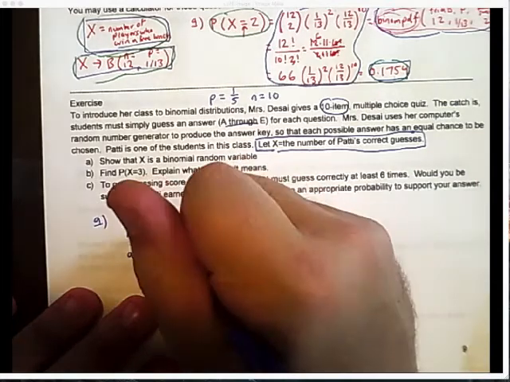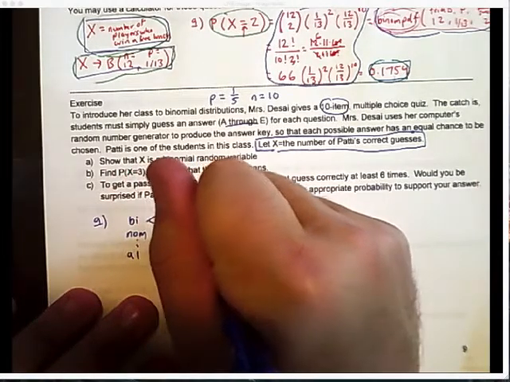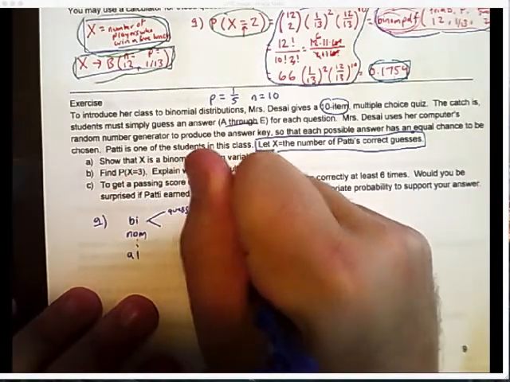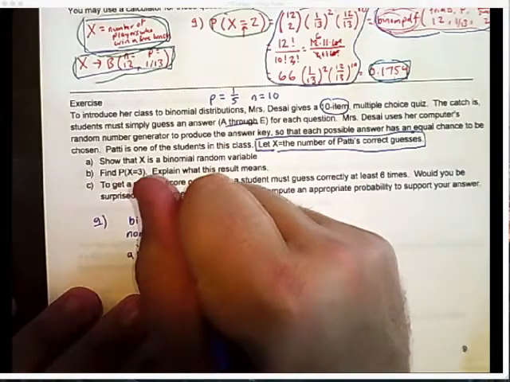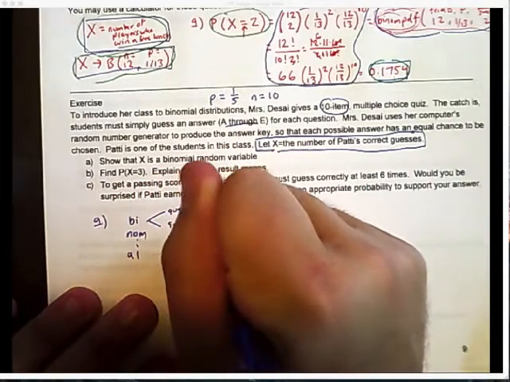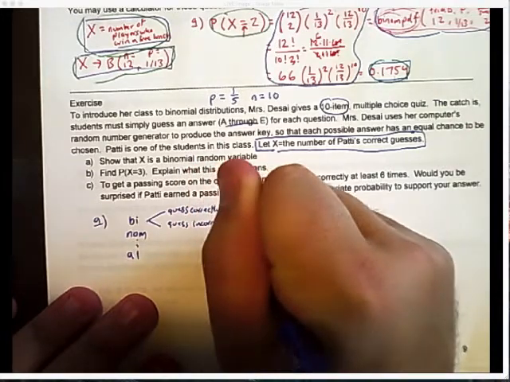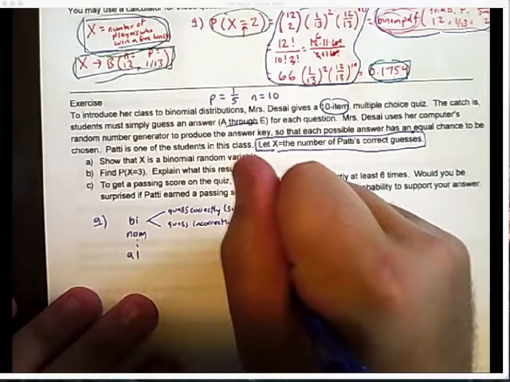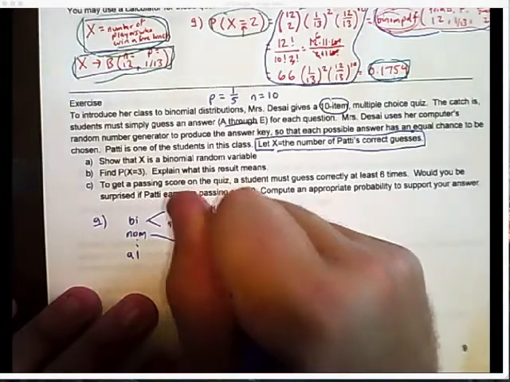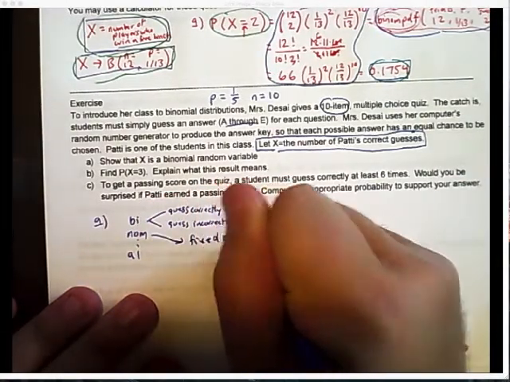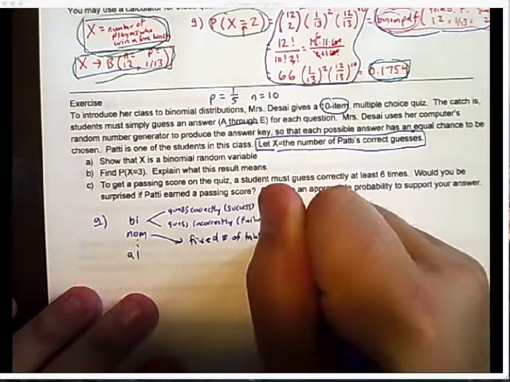So we can guess correctly, that would be a success, or we could guess incorrectly, and that would be a failure. Known, fixed number of trials: there's 10 questions.